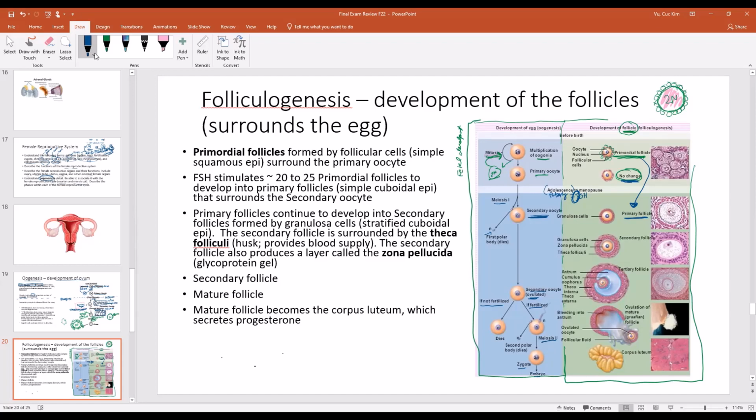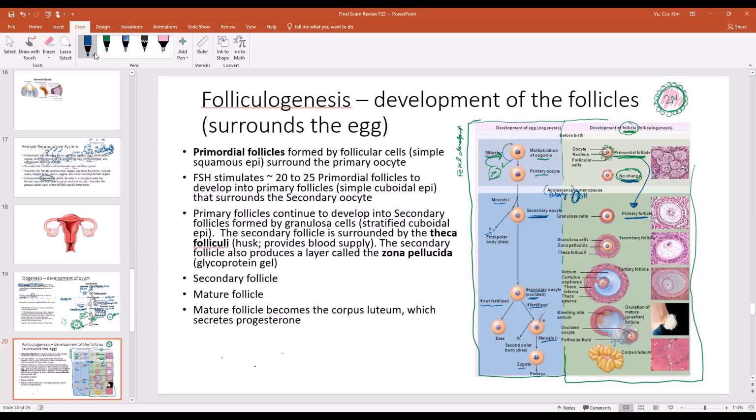She said false because the primary follicles develop from the FSH follicle. So it's false. Actually, can someone else say it?